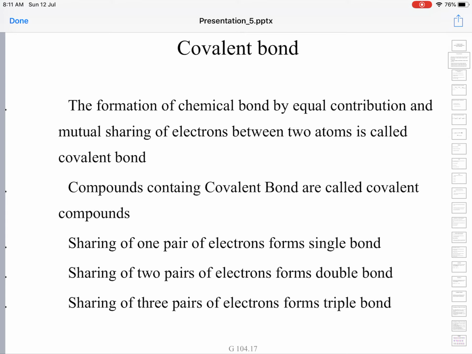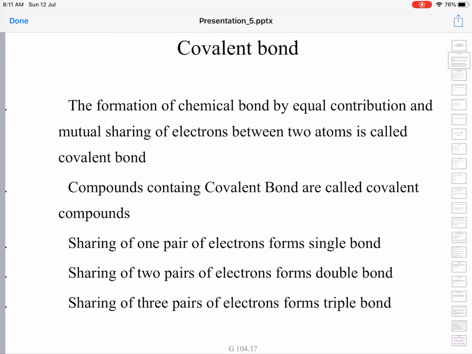In the last class itself we have seen that transfer of electrons leads to the formation of ionic bond. So, the sharing of electrons between the atoms concerned leads to the formation of a covalent bond. Now let us discuss the covalent bond, which is formed by the sharing of electrons between the atoms concerned.